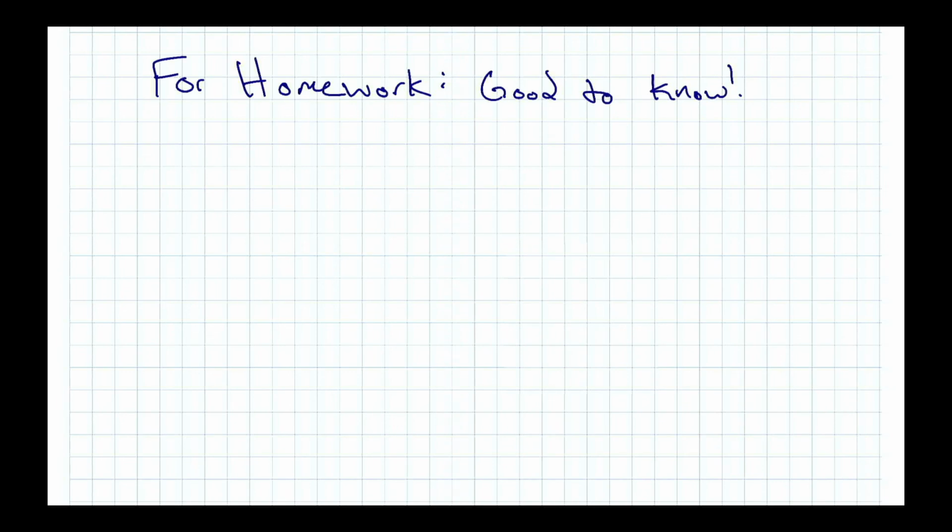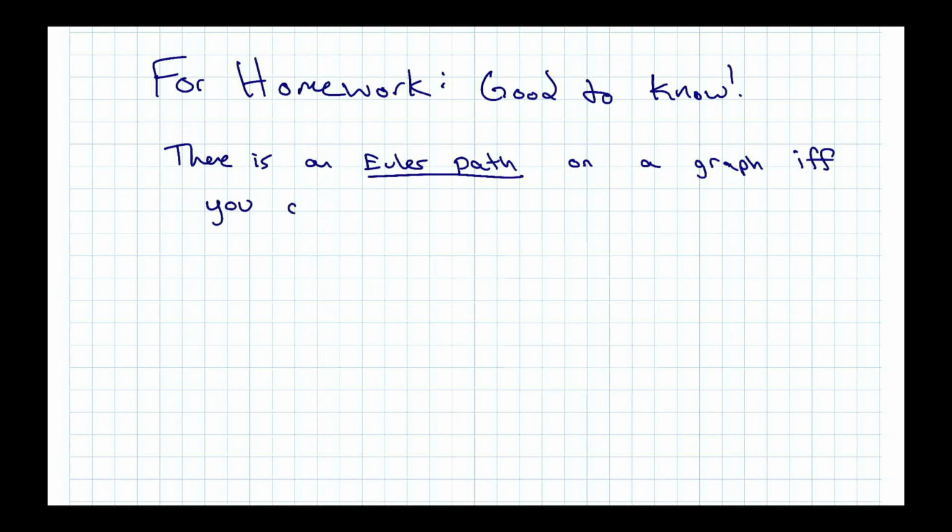What you can do is you can say there is an Euler path on a graph if and only if, so I'll write IFF, you can draw the graph without lifting your pen, and tracing over edges twice.